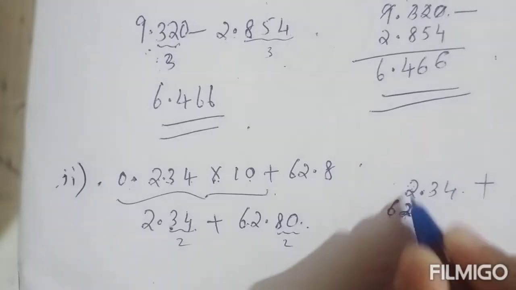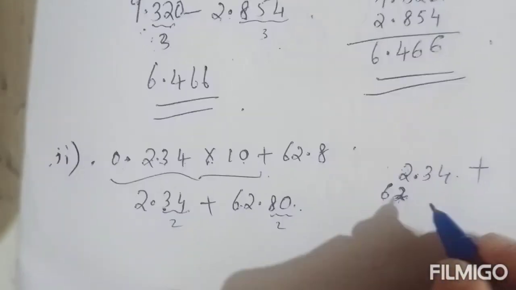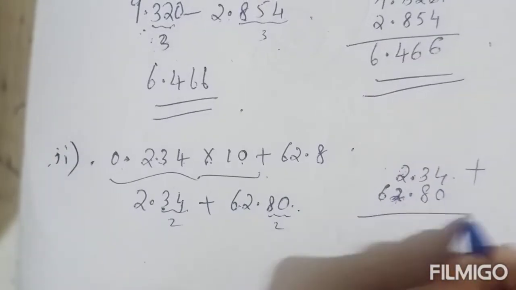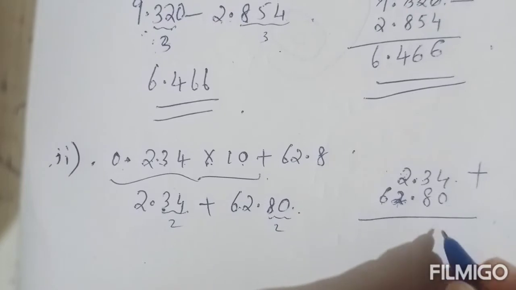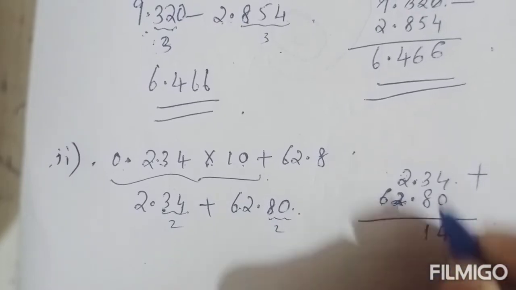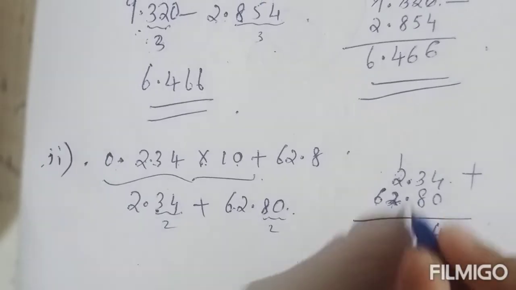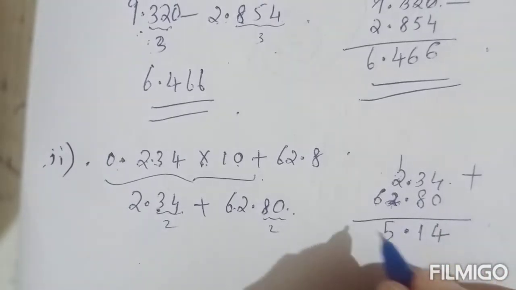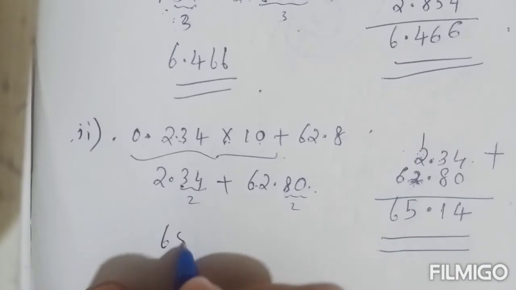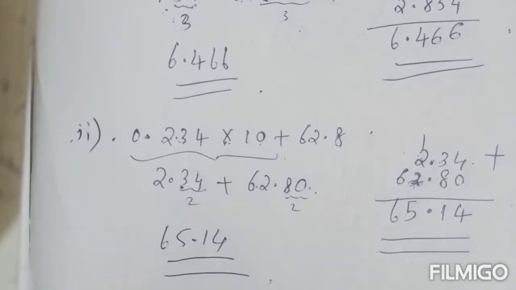So these two 2's should come in the same column. 62.80. Now on adding, what you will get? 4, here 11, 2 plus 2, 4 plus 1, 5. Here decimal point is coming, here 5. 65.14 will be the answer.